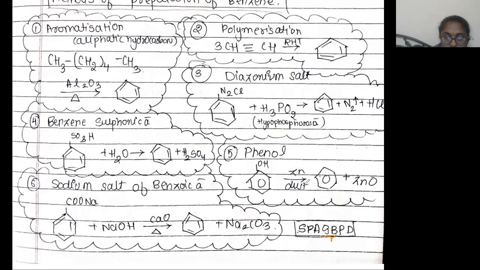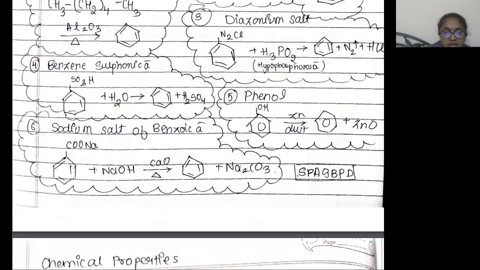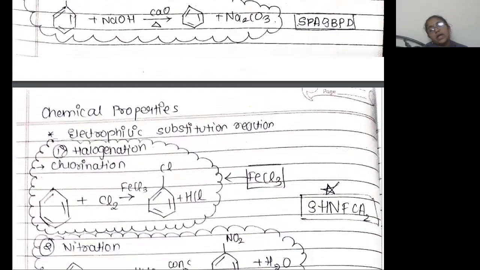One P stands for phenol. Another P stands for polymerization. And one more S stands for sulfonic acid. A stands for aromatization and D stands for diazonium salt. So you can remember it like this: SPA, SBPD. Or you can create your own acronyms.